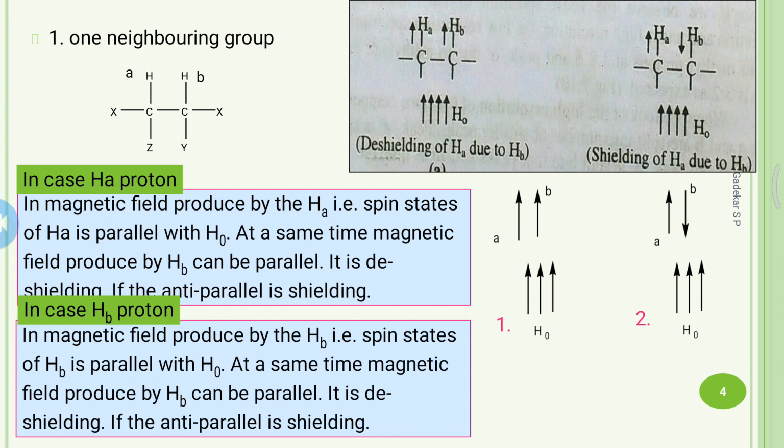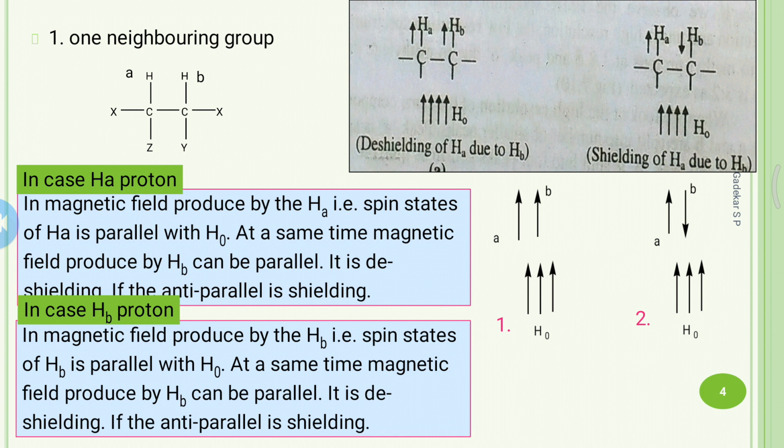In the first case, the spin state of HA is parallel with the applied magnetic field, and at the same time the magnetic field produced by HB can be parallel. So it is de-shielding. If they are anti-parallel, it is shielding.